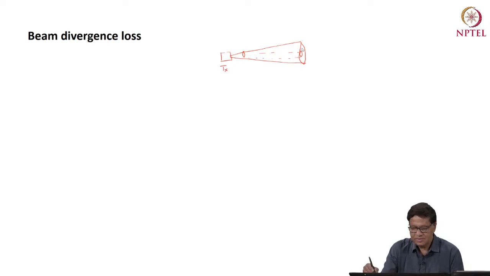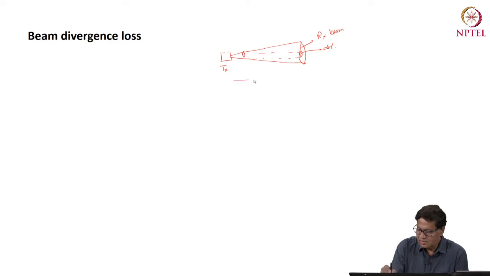So this is the receive beam. This is the receive beam. And this is the detector.